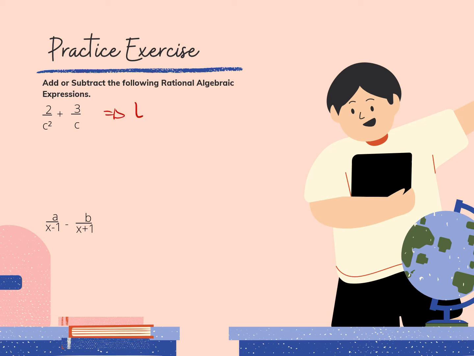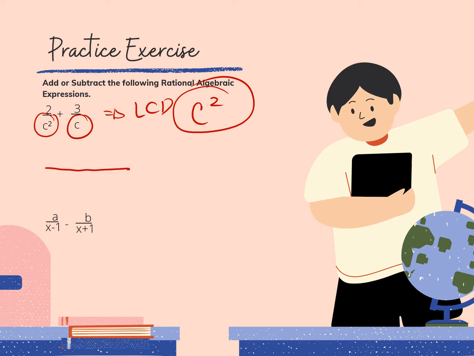Wala nang numerical coefficient, so wala tayong problema sa numerical coefficient. The LCD, obviously, it should be c. Then, for the exponent, ano yung mataas na exponent? That is c squared. So, that will be our LCD, c squared.